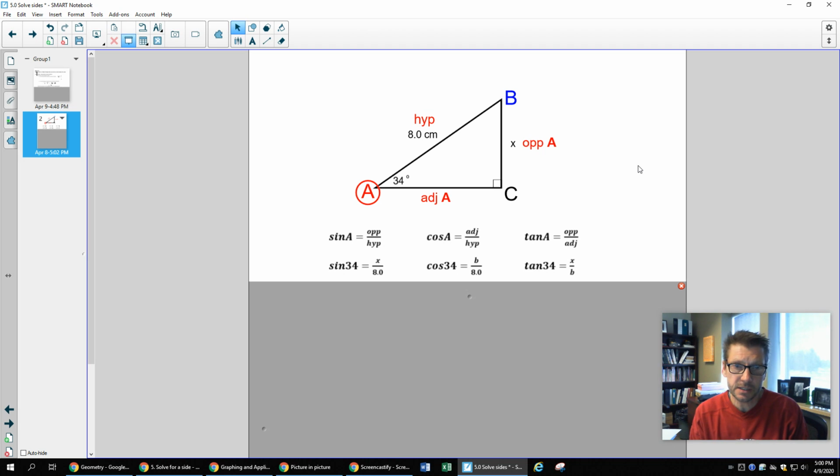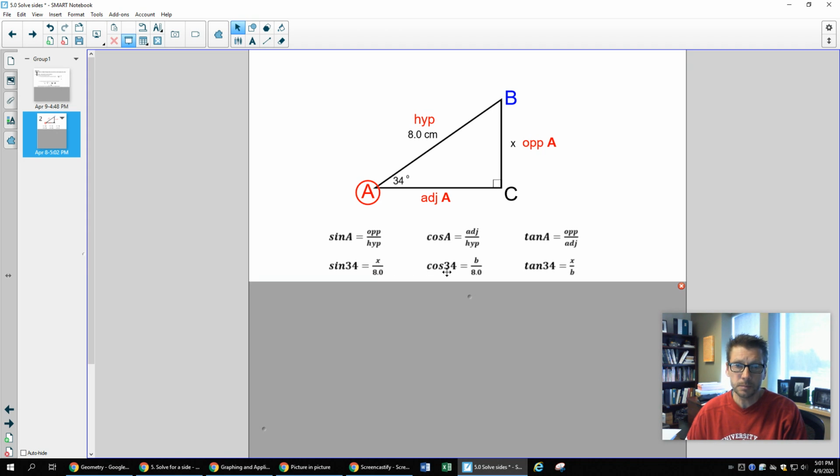What's different this time, though, instead of saying sine of A, I'm going to say sine of 34 degrees, cos of 34 degrees, and tan of 34 degrees, because I was given that angle A is 34 degrees. And opposite over hypotenuse is just like you were doing before. Opposite is X, hypotenuse is 8. So sine of 34, opposite over hypotenuse.